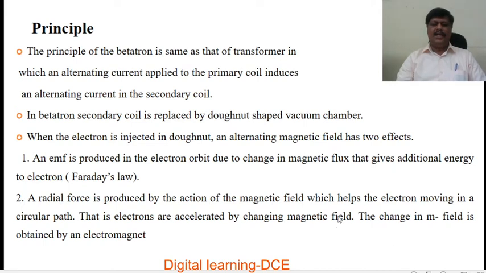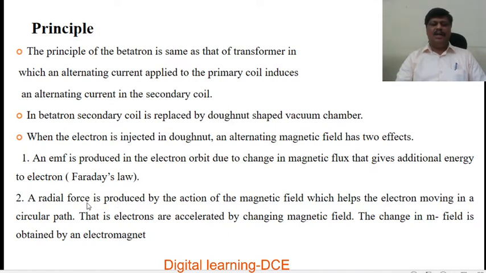The change in magnetic field is obtained by an electromagnet. You already know that in your lower classes: whenever a charged particle like an electron moves perpendicular to the direction of the magnetic field, it moves in a circular path because it experiences a Lorentz force F = qvB sin theta.